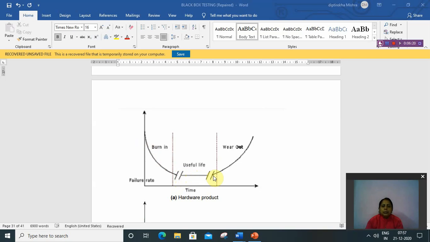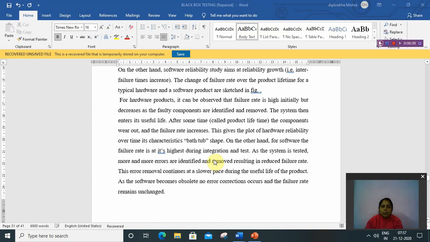After some time, when the component starts to wear out, the failure rate increases again. The shape of this graph is like a bathtub. So the reliability of a hardware product is sketched like a bathtub.